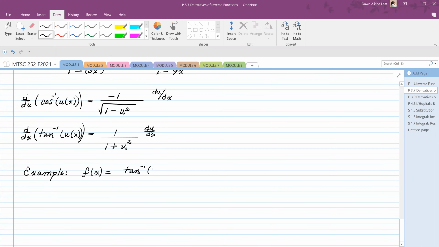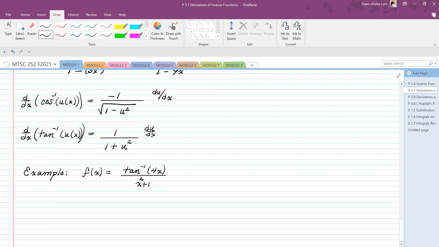Tan inverse of 4x divided by x squared plus 1.